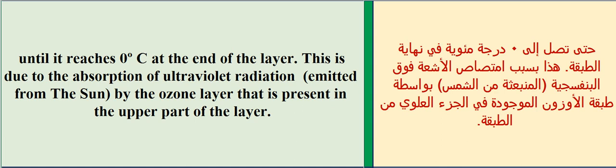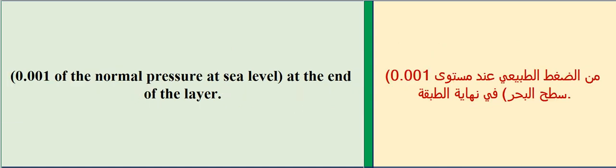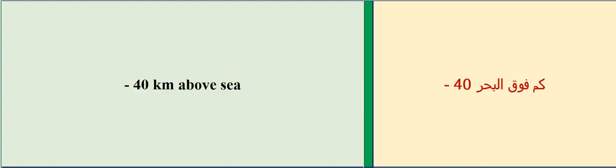This is due to the absorption of ultraviolet radiation, emitted from the Sun, by the ozone layer that is present in the upper part of the layer. Pressure is 0.001 of the normal pressure at sea level, at the end of the layer, 40 kilometers above sea level.